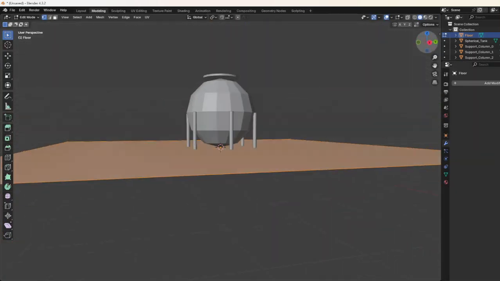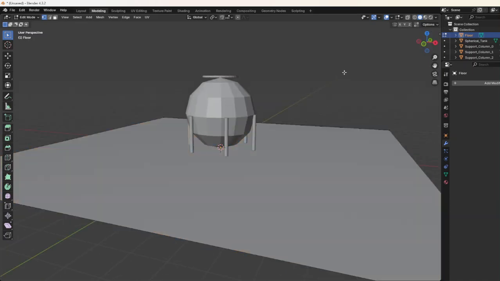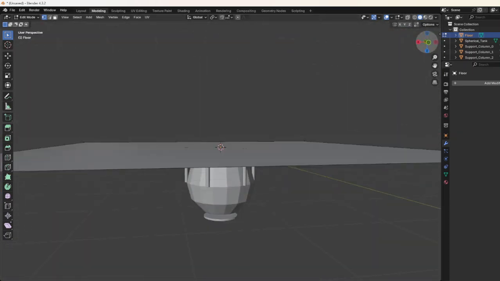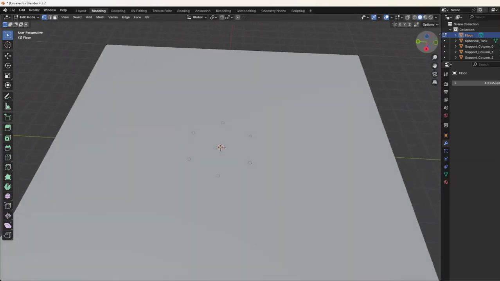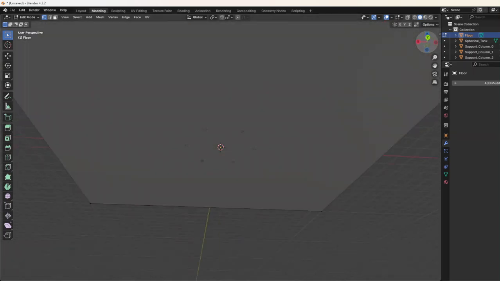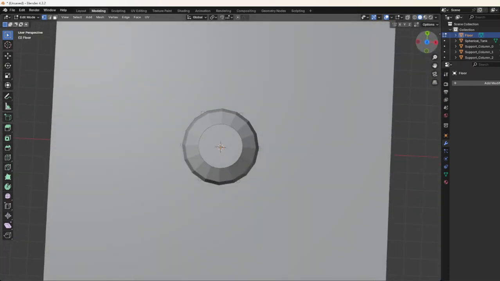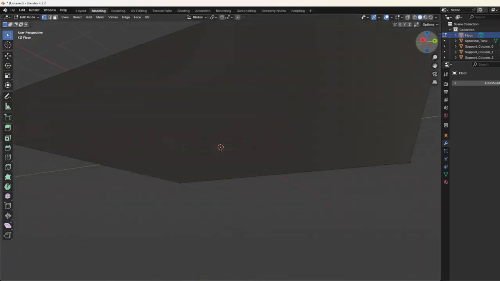And here is our model so far. You can see it's pretty good. We have the six columns here, all equally spaced out.